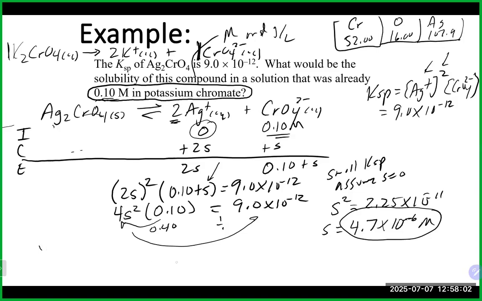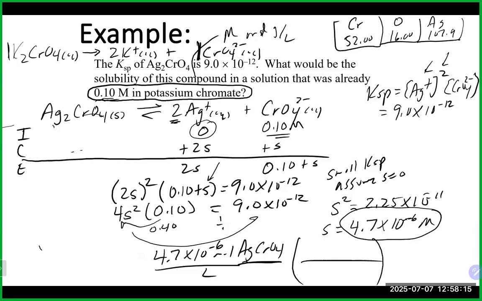So that would mean that we would take our 4.7 times 10 to the minus 6 moles per liter of our silver chromate. We would obviously need to go to the periodic table to get the molar mass. So that is 2 silvers at 107.9 plus a chromium at 52 and 4 oxygens at 16.